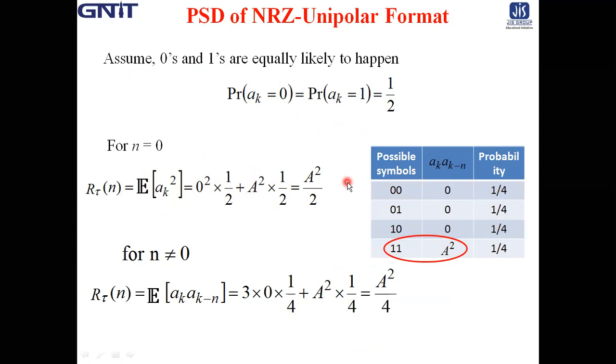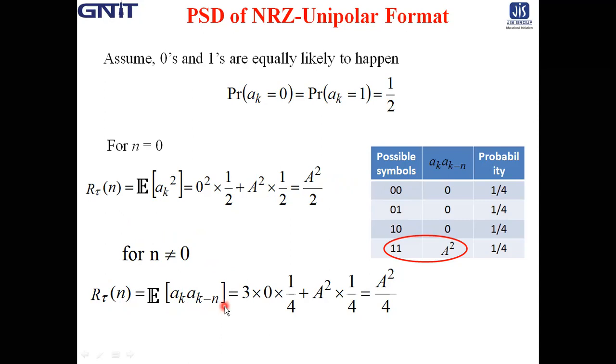Now we will calculate it for n not equal to 0. R_n(tau) equal to expectation of a_k into a_(k minus n).